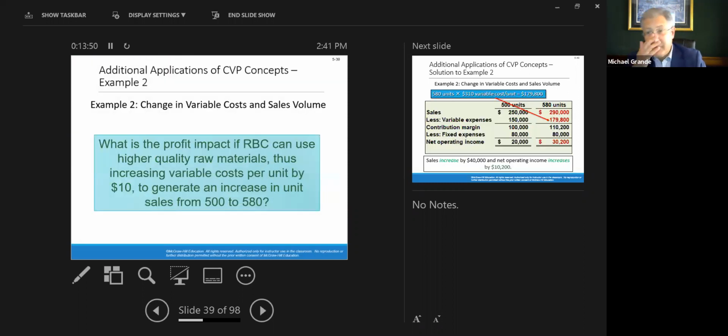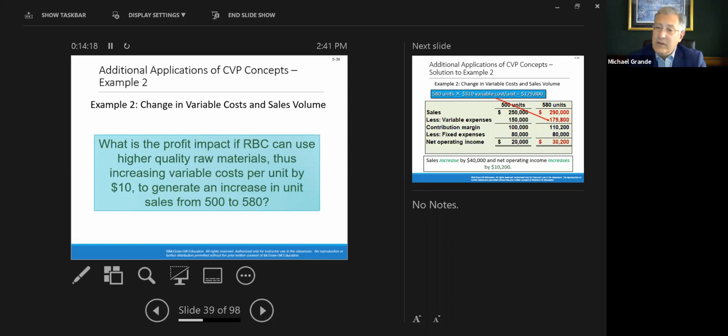Here's another example. What if we have a change in variable costs and sales volume? What is the profit impact if RBC can use higher quality raw materials, thus increasing variable cost per unit by $10 to generate an increase in unit sales from 500 to 580? So let's think about this for a minute. Sales volume goes up by 80 units.